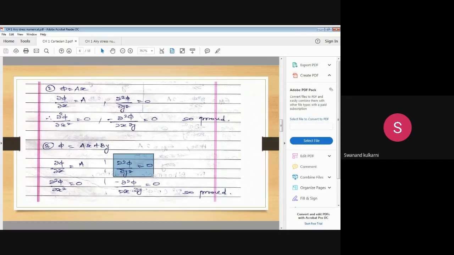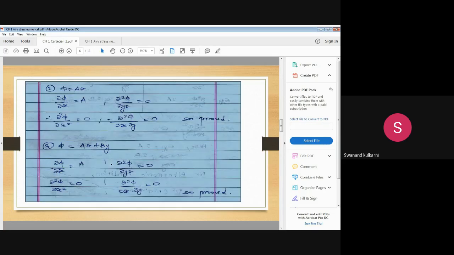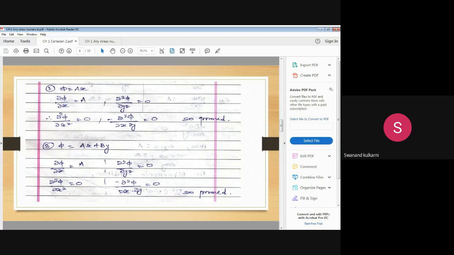Then next, if we differentiate ∂φ/∂x with respect to y, this will become ∂²φ/∂x∂y, and that is also going to become 0 because A is a constant term. So this particular ∂²φ/∂y², which is nothing but σxx, is equal to 0.